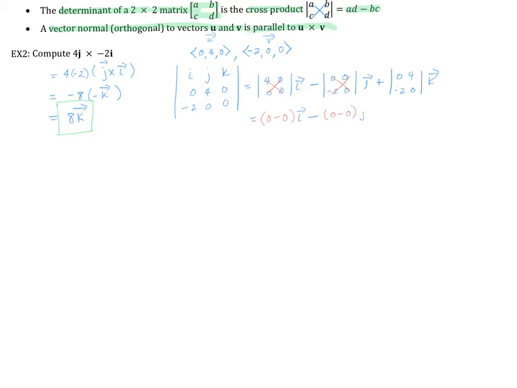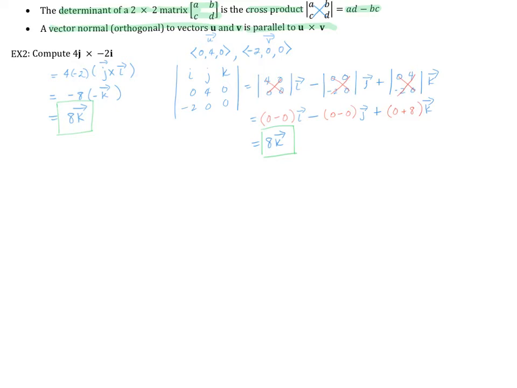And that would be the coefficient on my j. Next one, when I multiply, 0 times 0 is 0, minus negative 2 times 4 is a negative 8, so this turns into a plus 8. That would be my coefficient on k. So you see that 0i, 0j, so all I have is an 8k, which means you could use either form.